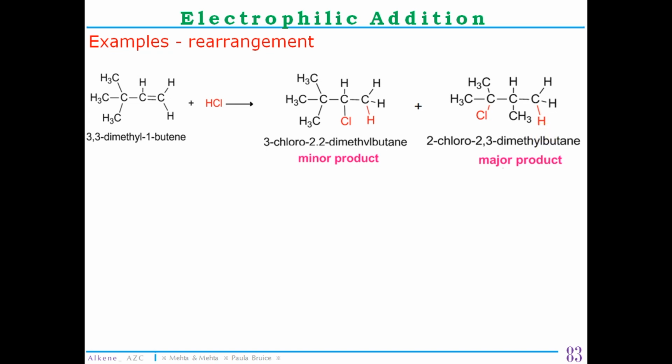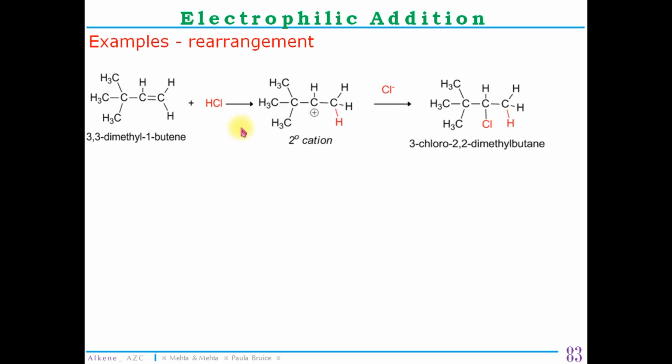Why are we getting the rearranged product? For this we have to see the mechanism. First, as hydrogen adds to the carbon which has more hydrogens, we will get a secondary carbocation intermediate, and upon addition of chlorine we get 3-chloro-2,2-dimethylbutane.